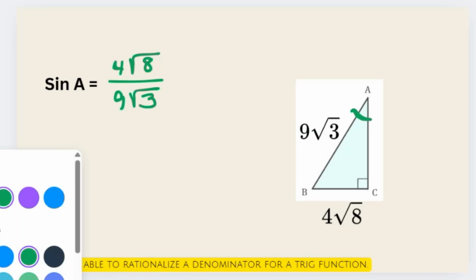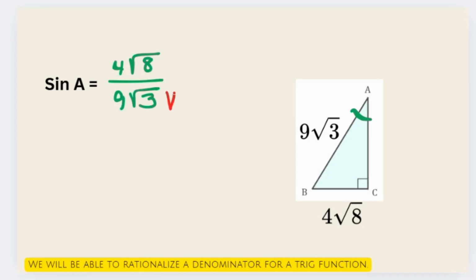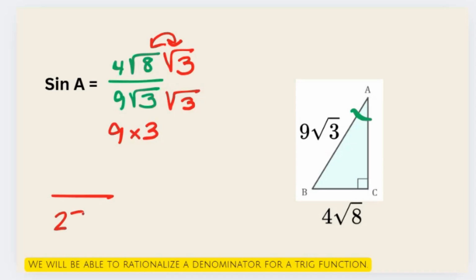I'm going to rationalize that denominator by multiplying by the square root of 3. And now I have 9 times 3 in my denominator, that's 27. And now I have 4 times the square root of 24, because remember, those insides can multiply with other insides.